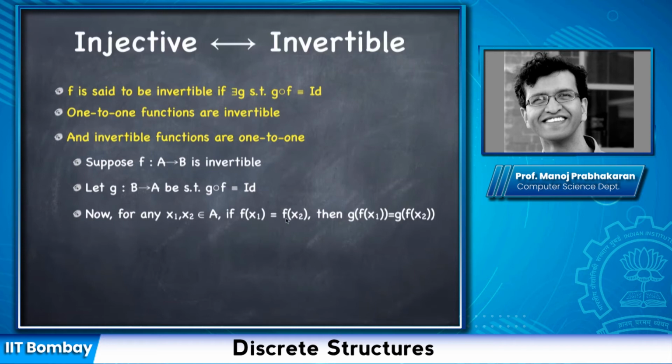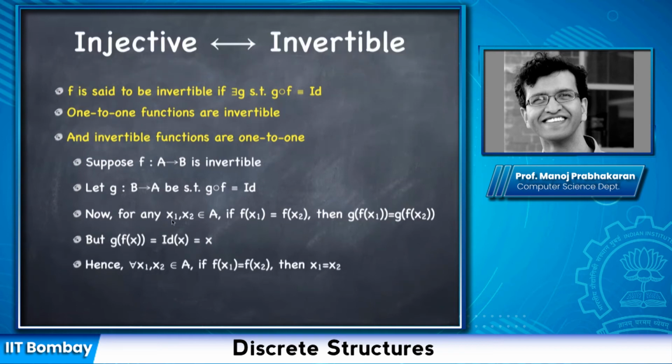So what do I do? If f of x1 equals f of x2, then I can apply g to both sides. Since these are the same values, if I apply the function to both sides, the equality is preserved. So g of f of x1 equals g of f of x2. But g of f of x is x, so this now reads as x1 equals x2.